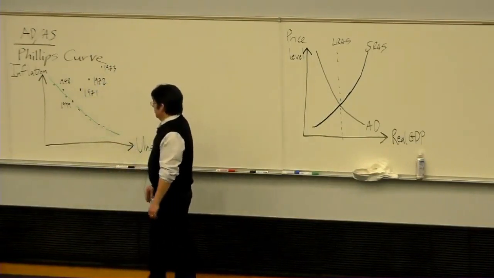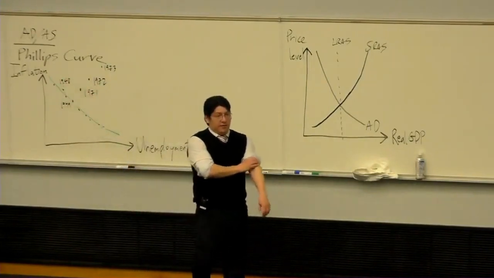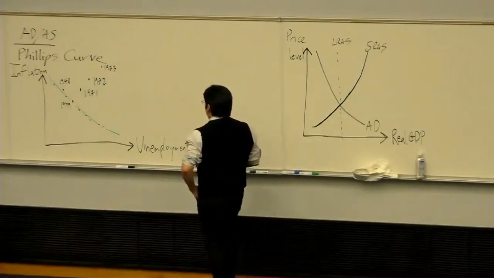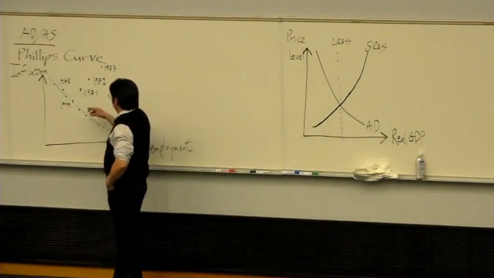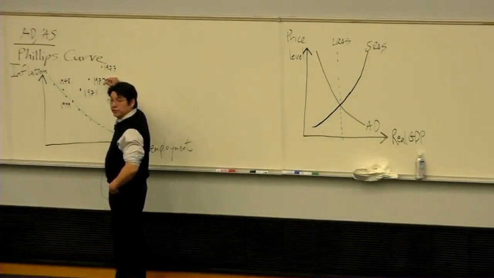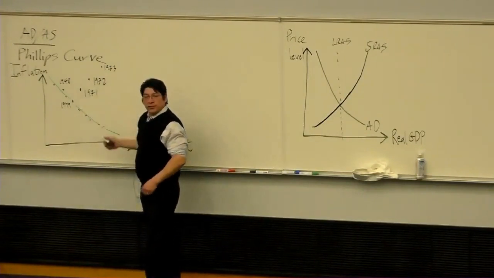Not only did they no longer fit the Phillips curve, but they failed to fit it in a very particular way. We started to observe years where not only was inflation really high, but that high inflation wasn't coinciding with low unemployment, it was actually coinciding with high unemployment. Sort of the worst of both worlds.